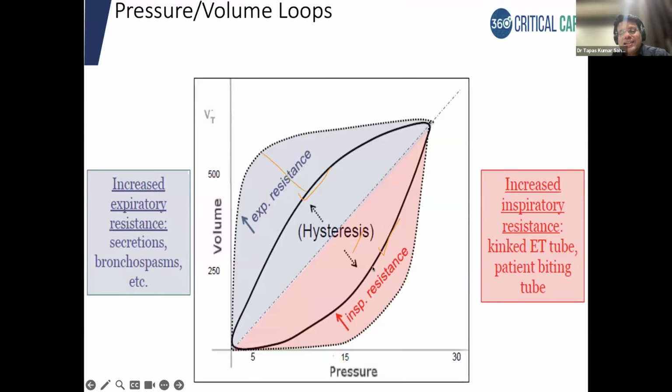And if you are getting increased inspiratory resistance, like a kinked tube or patient biting, that means your inspiration is not being delivered in a proper way, so it again gets stretched. Clear? These are the basic things you should know. In the examination, they would expect you to talk in a very lucid manner and confidently. So you need to be very clear on this.